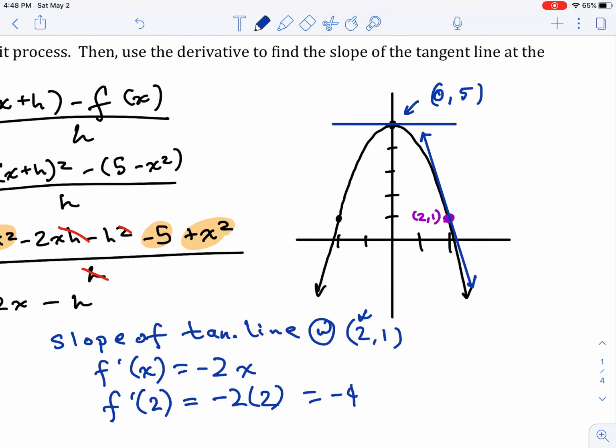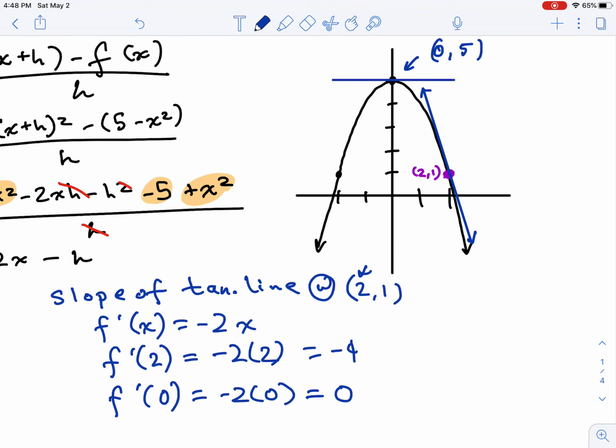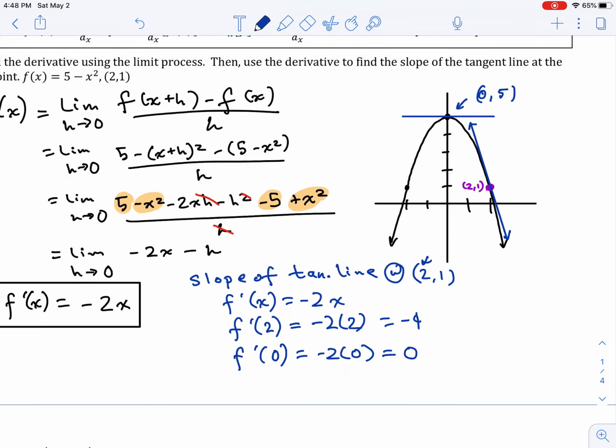Well, our tangent line would look something like this, right? Our tangent line at 0, 5 would be something horizontal. Well, would that seem to match up? What is f prime of 0? This is at the point 0, 5. Well, it would just be negative 2 times 0, which is just 0. And that makes sense. It has a horizontal tangent line.